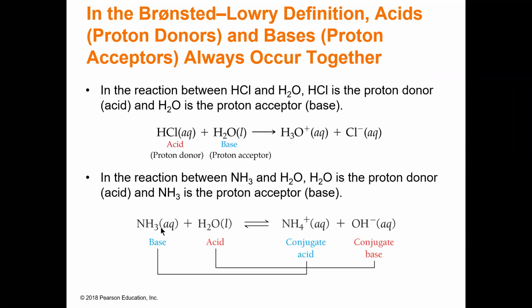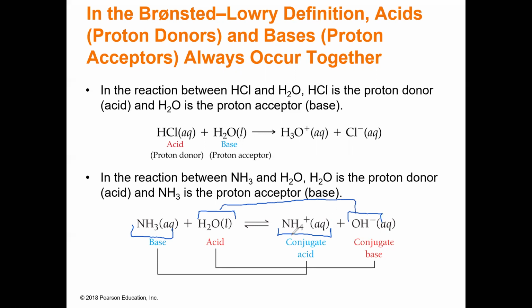The way that I figure this out is I find the two things on each side that look like each other. So this thing and this thing look like each other. They're just separated by a hydrogen, right? This has one more hydrogen, this has one less hydrogen. And then this thing looks like this thing, again separated by a hydrogen. So this has one more hydrogen, this has one less hydrogen.